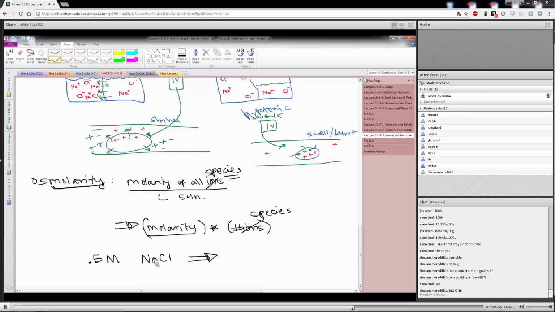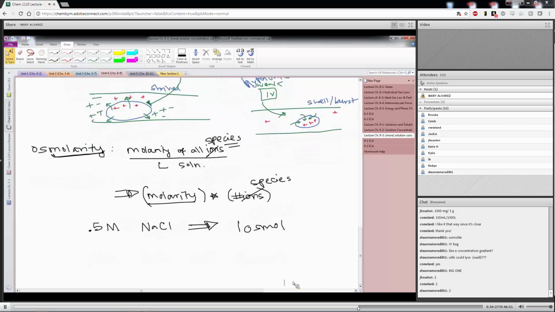I mean, is this just one thing or is it going to dissociate? What do you know about sodium chloride? Yeah, it's two things because it's an ionic compound and you know that ionic compounds dissociate. So really I have 0.5 molar sodium and 0.5 molar chloride running around. So this translates into a 1 osmolarity solution.